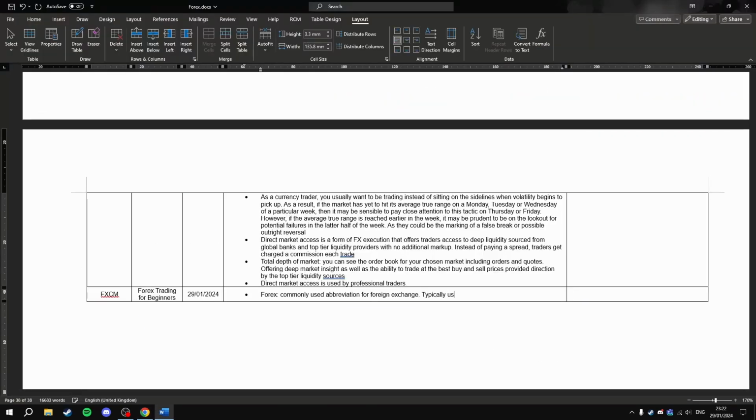Typically used to describe trading in the foreign exchange market, especially by investors and speculators.